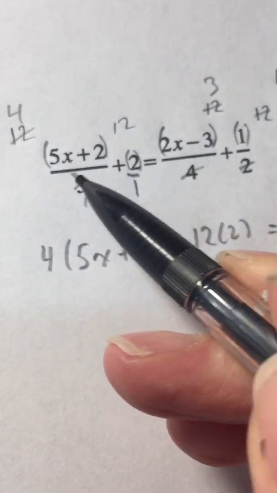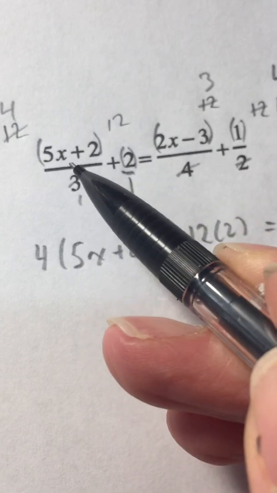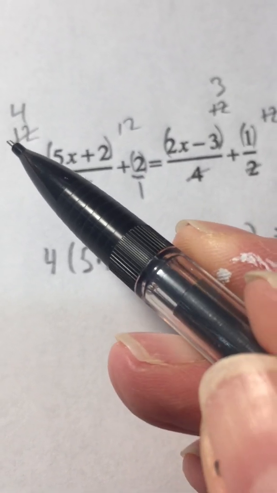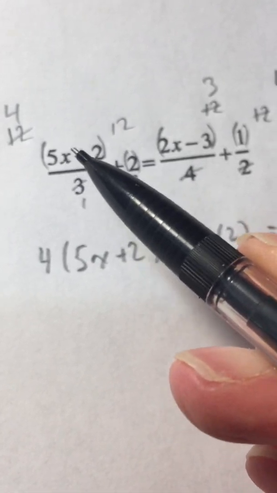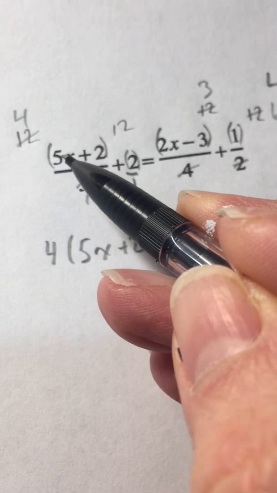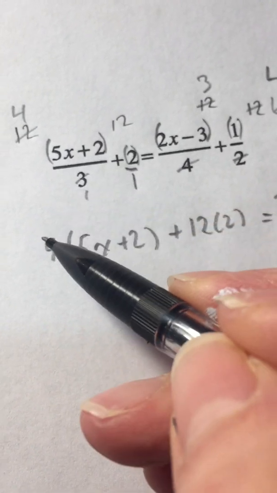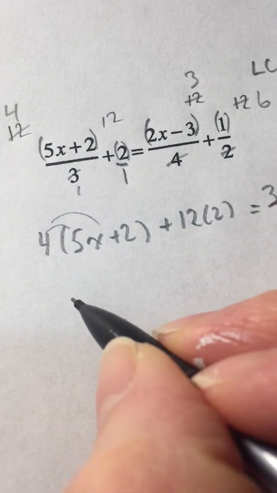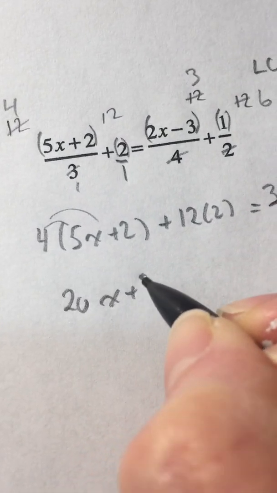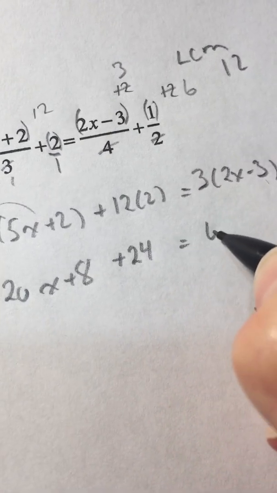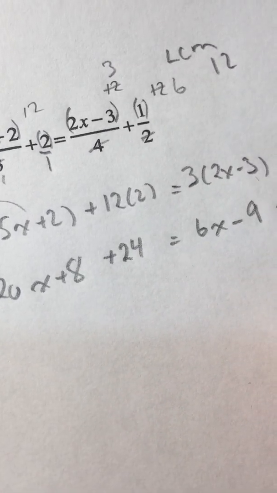This is why we put brackets around the top of the fraction at the beginning, so that when we did all this, we didn't mess this up. That entire numerator has to get multiplied by the 4. So if we put it in brackets at the beginning, it helps to avoid making mistakes later. So we're going to distribute, and we get 20x plus 8 plus 24, 6x subtract 9 plus 6.